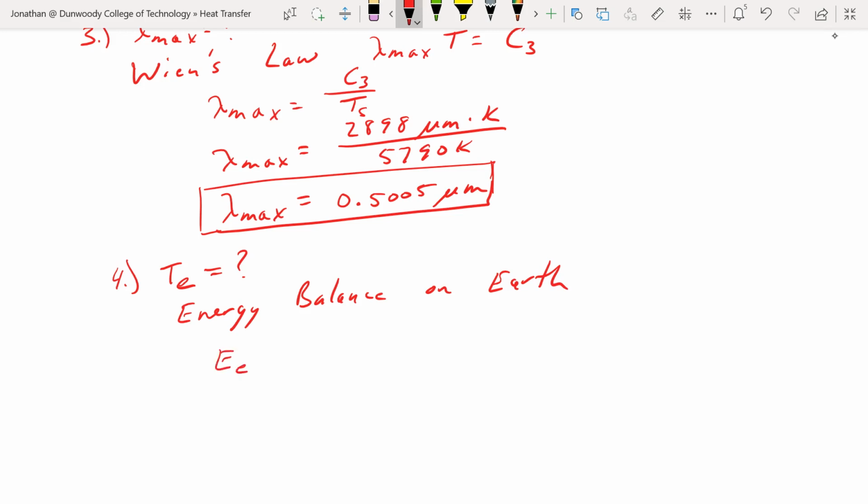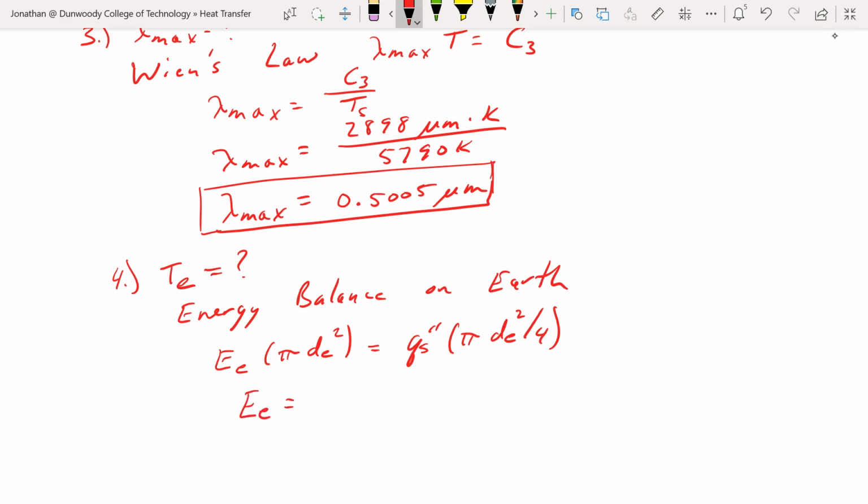So we have the emissive power of the Earth times that area. It's going to be equal to the heat flux that we're receiving at the surface of the Earth times pi dE squared over 4. So we're looking for EE here at this point, and we're going to use that to find TE.